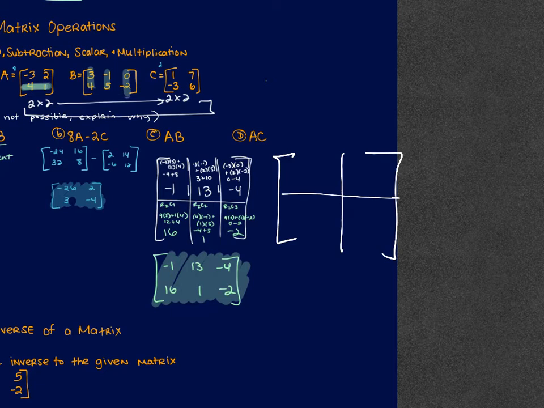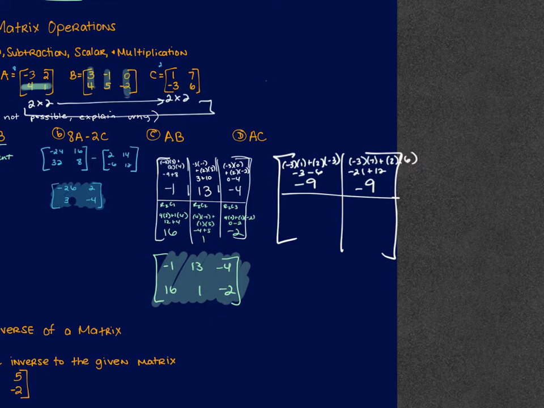thing. So A times C, row 1, column 1, would be negative 3 times 1 plus 2 times negative 3, negative 3 minus 6, negative 9. Row 1, column 2, would be negative 3 times 7 plus 2 times 6, negative 21 plus 12, negative 9.